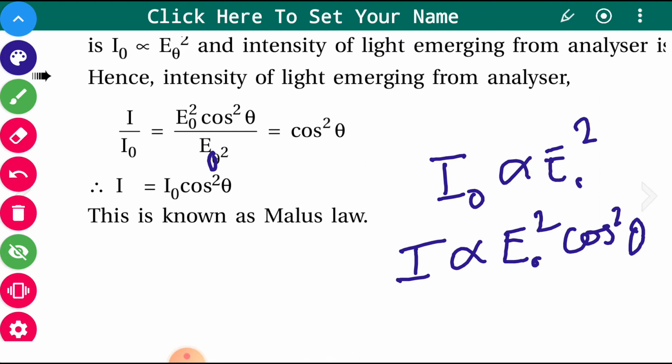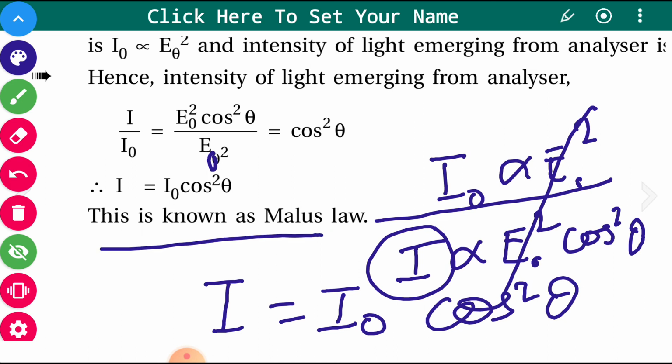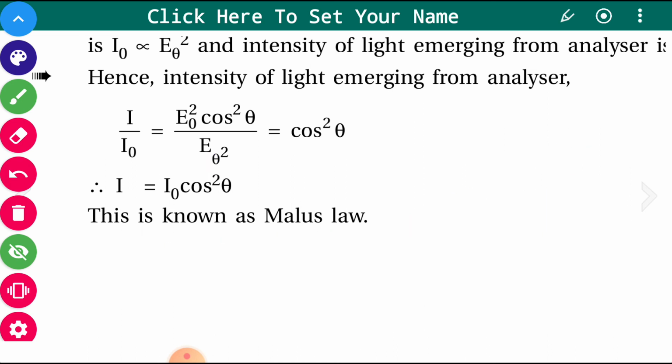If you take the ratio, the E0 square will cancel out. So intensity I, if you make it the subject of the formula, will be equal to I0 cos square theta, which is known as the Malus law. Okay, thank you very much.